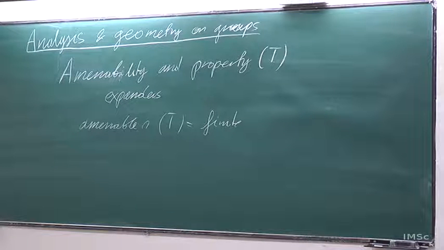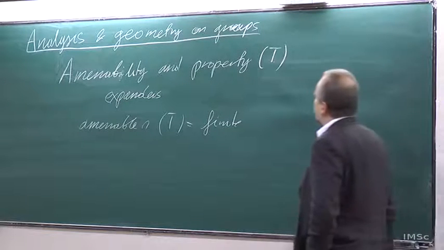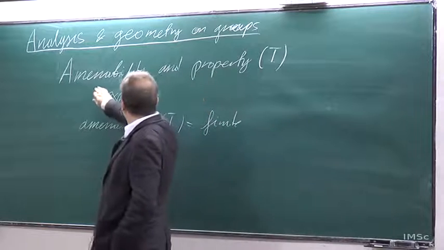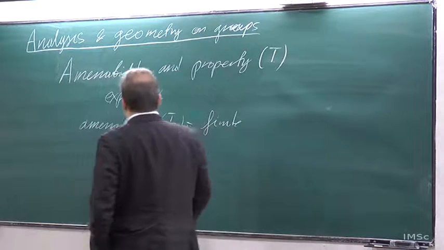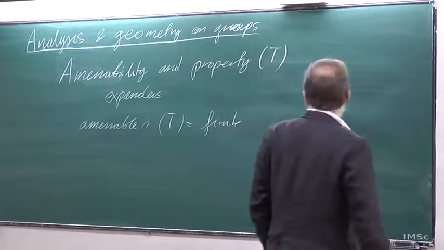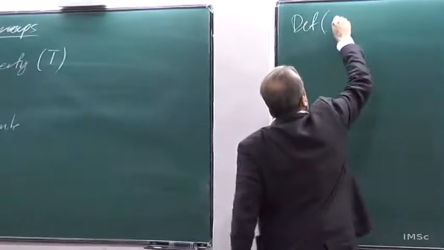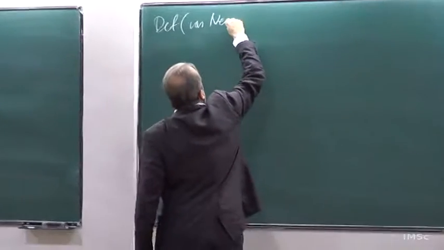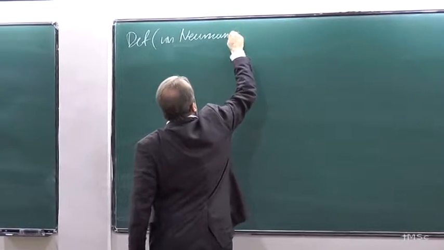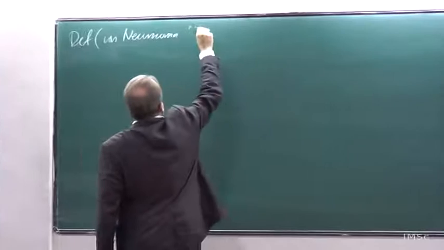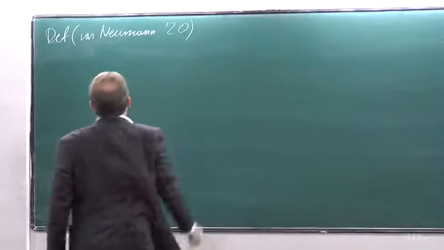Okay, great. So let me start by reminding you of the definition of amenable groups, which goes back to von Neumann. It's one of his first papers from the 20s.